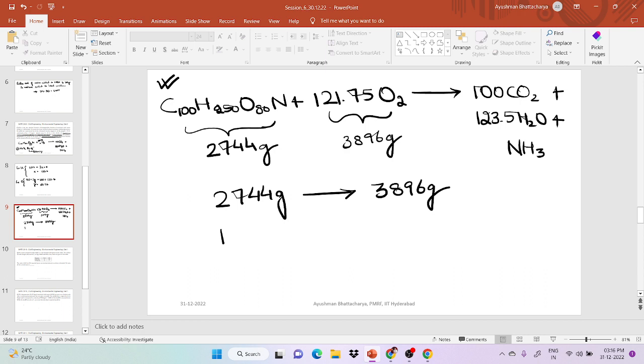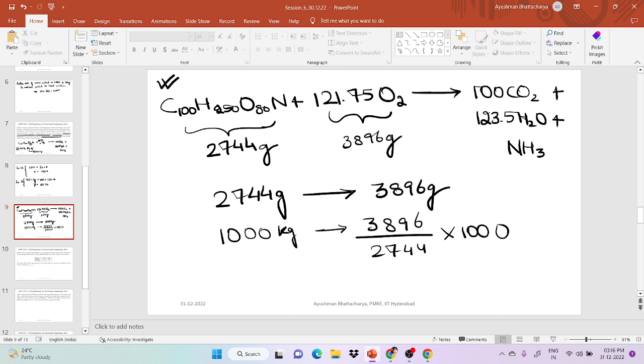For 1000 kilogram, the oxygen required is 3896 divided by 2744 multiplied by 1000.